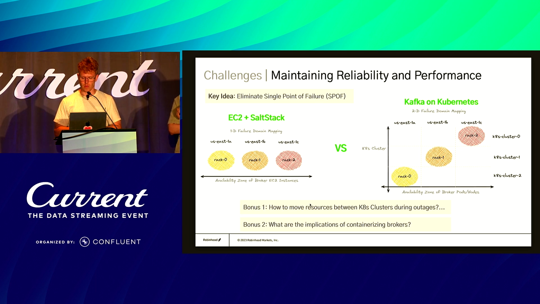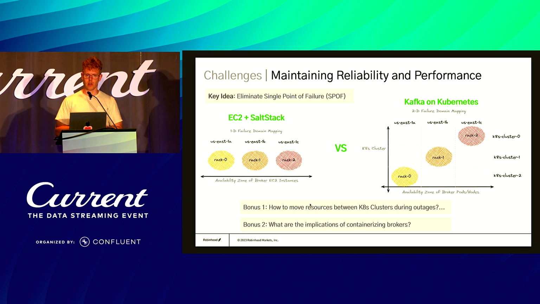And so what we ended up doing was trying to stack those to minimize the complexity, so that we don't have this Cartesian product of those two axes. That's what the second image shows, where we bind each of these racks to an AZ and a Kafka cluster, and it simplifies that a little bit.